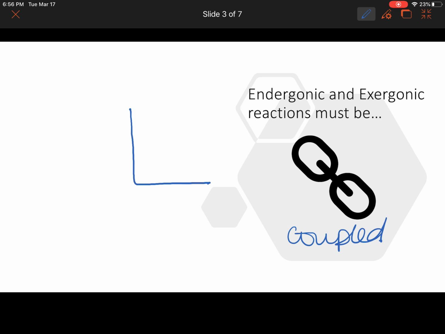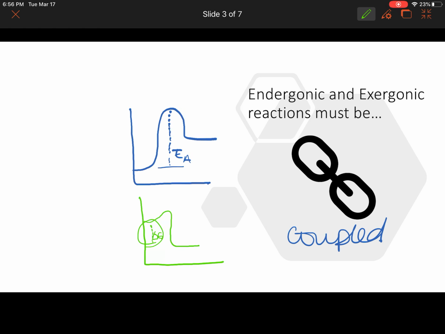So if we have an endergonic reaction that requires this much activation energy to get the reaction to go, then we cannot couple that reaction to an exergonic reaction that has a very small delta G. Because this delta G, the amount of energy that's released into the surroundings, is not enough to get over the activation energy barrier for that endergonic reaction.